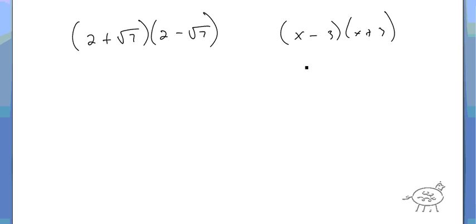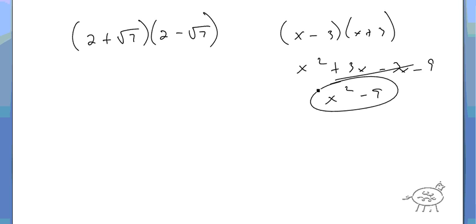Do you remember it was x squared plus 3x minus 3x minus 9. So these guys canceled. X squared minus 9. Well, in order to recognize the difference of two squares, you had an x and x, you had a number, the same number and the same number, and what was important here is plus or minus and plus.